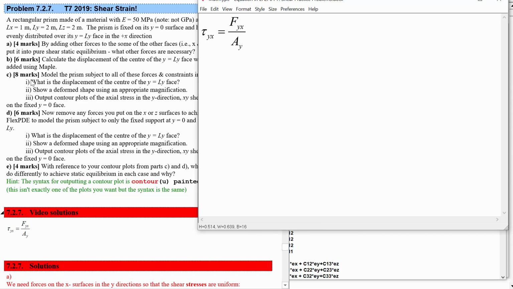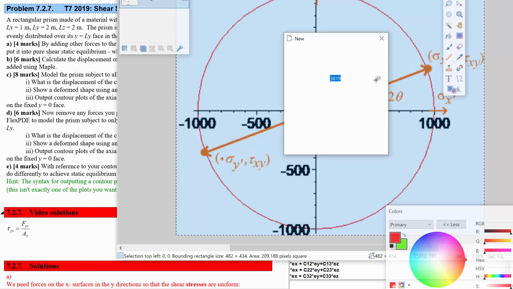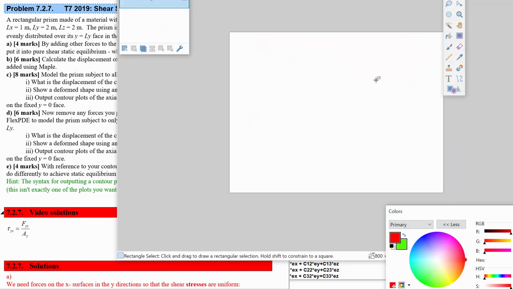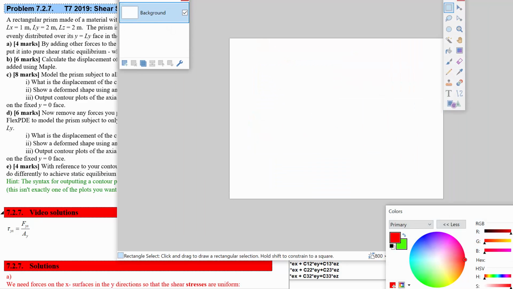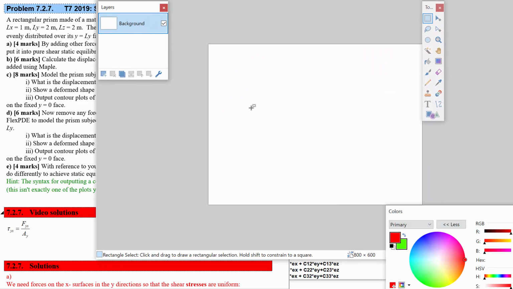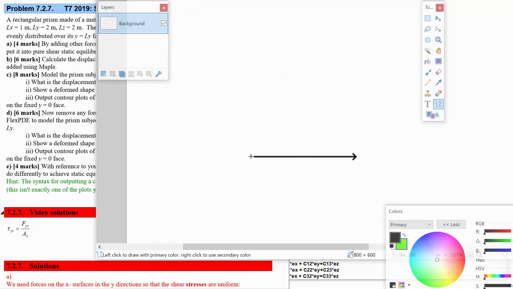Maybe it's better to draw this out and see the geometry there. Let's draw the XY plane here, and we'll visualize what's going on.